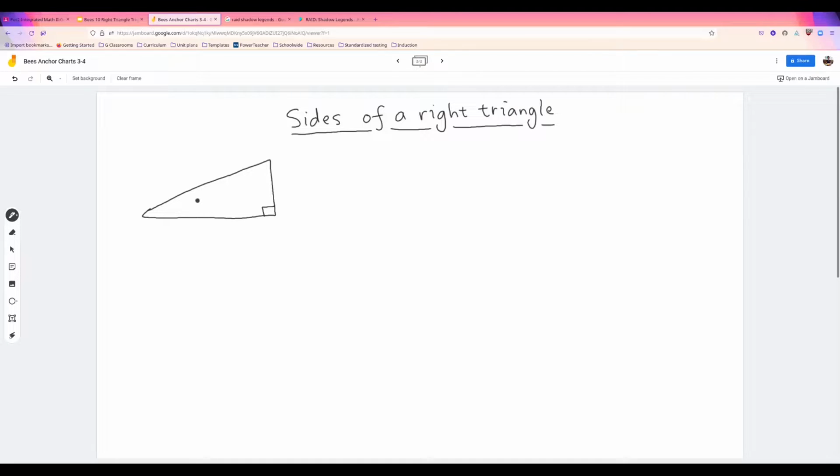Now we're actually not going to be doing the Pythagorean theorem, and so it's going to help us to look at the sides in a different way, from a different perspective. What perspective, you might ask? From the perspective of the angle and not the right angle. So it could be either angle of the triangle.